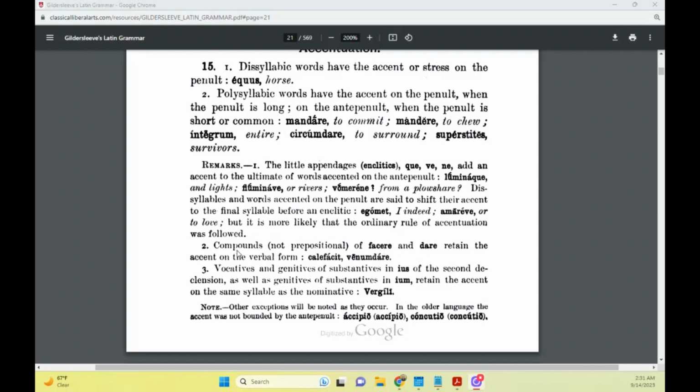So again, this isn't something that you need every time you read Latin, but sometimes you might not be certain about a pronunciation, and you need to remember that there were rules for accents in your grammar book, and you can go back, look them up, and check to see if any of those rules apply to the word that you're having a hard time with.